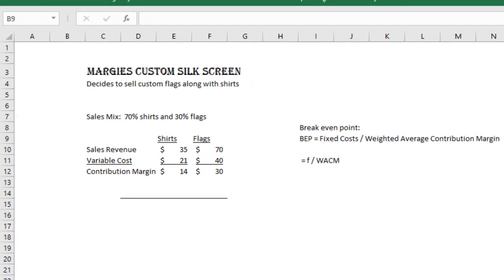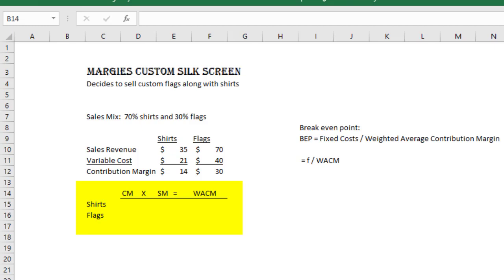So when you do a sales mix, you're going to do the fixed cost divided by the weighted average contribution margin. How do we get that weighted average contribution margin? We want to take the contribution margin times the sales mix for each product that's sold.